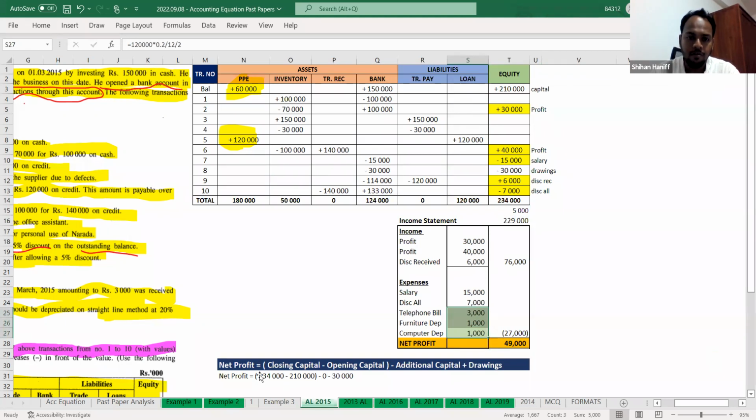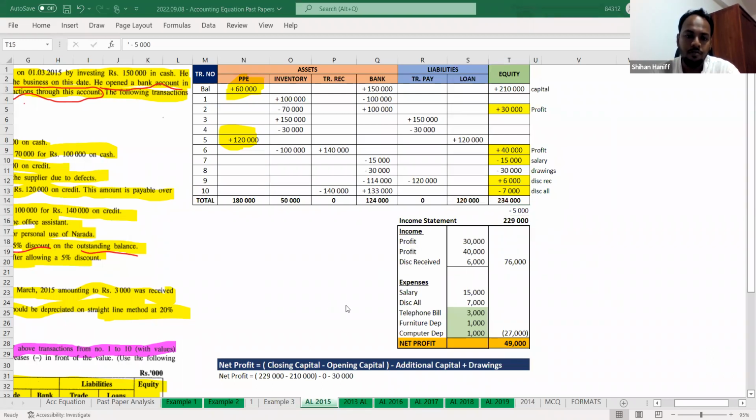Why are we deducting 5,000? We are deducting 5,000 because these three expenses were given as additional information: telephone bill, furniture depreciation, computer depreciation. That is not in the accounting equation. It is not here. That is why we have deducted 5,000.